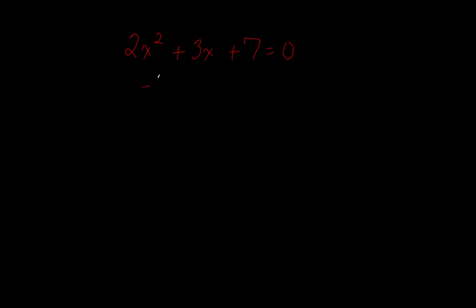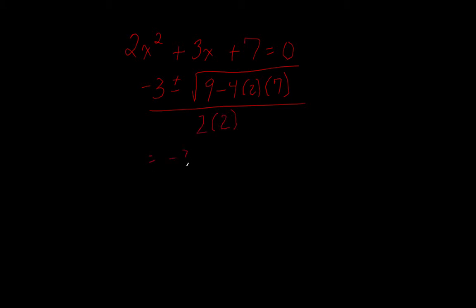So we get negative 3 plus or minus the square root of 3 squared minus 4 times a times c over 2a. So this is negative 3 plus or minus the square root of 9 minus 56. So negative 47, over 4.